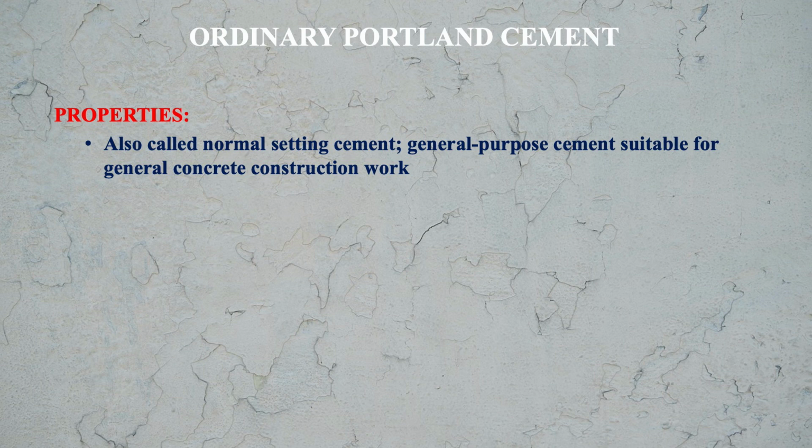What are the properties of ordinary Portland cement? Ordinary Portland cement or OPC is also called normal setting cement. It is a general purpose cement which is suitable for all types of general concrete construction works, means you can use this cement in all types of construction works.